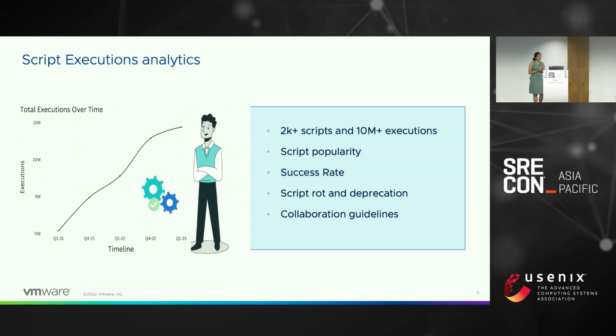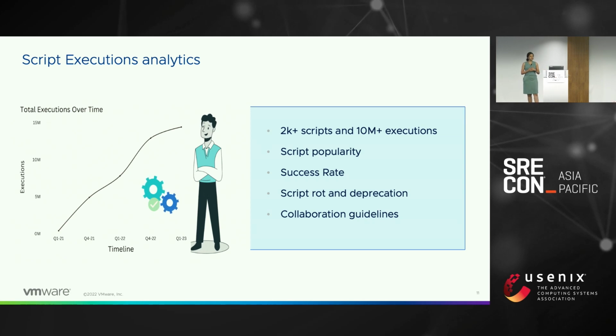As you can see, we have around thousands of scripts and tens of millions of executions every month and daily as well. So it's important for us to know the script popularity, to see which scripts are popular and why. Is it a workaround script? Can we use this data to do product improvement?